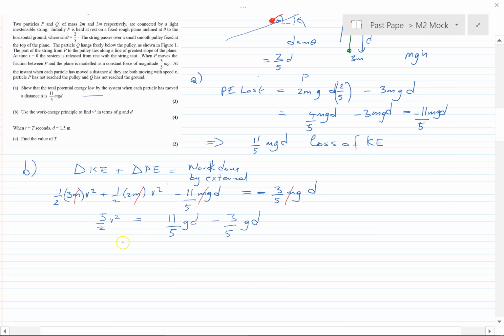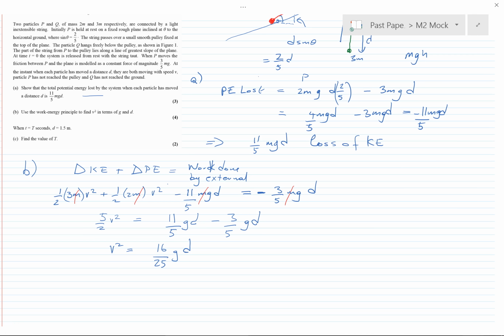So that gives me, if I cross multiply, v squared, 11 minus 3 is 8, but I'm going to times that by 2, so that's 16. And then divide by 5, I'm going to have 16 over 25 gd, which is our answer for part B.